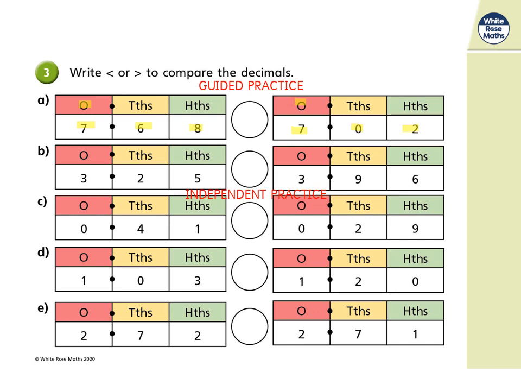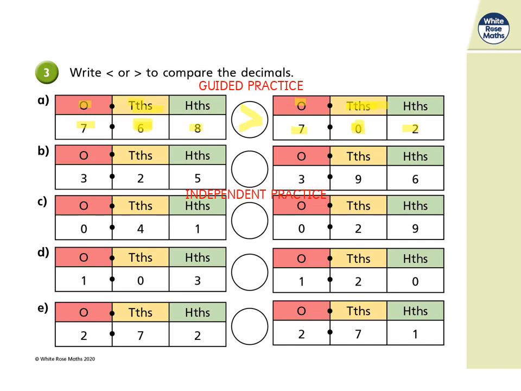Then I'm going to my next biggest value, which is in the tenths column. In this number, there are 6 tenths. But in this number, there are 0 tenths. So immediately, I will know that 7.68 is more than 7.02. That more than sign is facing the largest amount. So that crocodile wants to eat the largest.